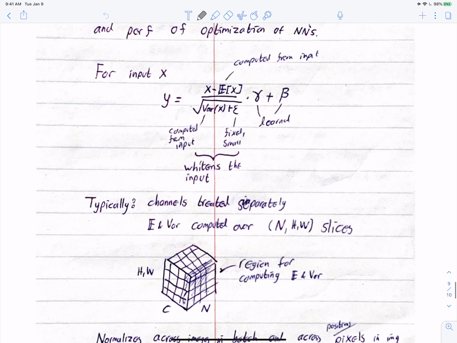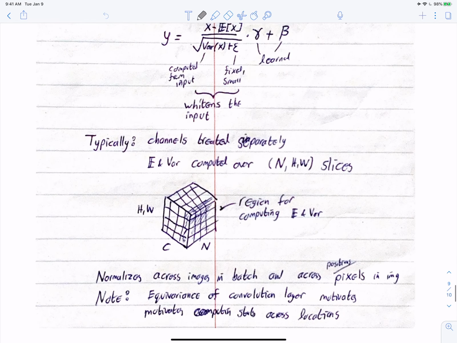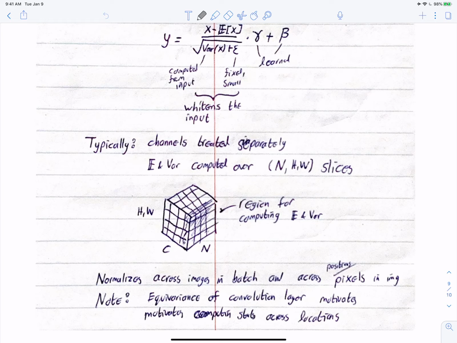So one thing that we should ask when we think about batch norm in practice is, what are the dimensions that it is operating on? We should think of batch norm as treating channels separately.